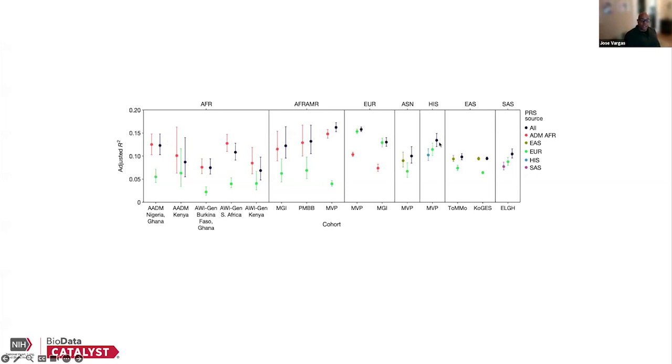And sometimes it performs better, look at Hispanics, for example, than the polygenic risk score that was derived using just that particular ethnicity. So you can see the difference there. That's actually quite interesting in terms of another benefit of diversity in GWAS.